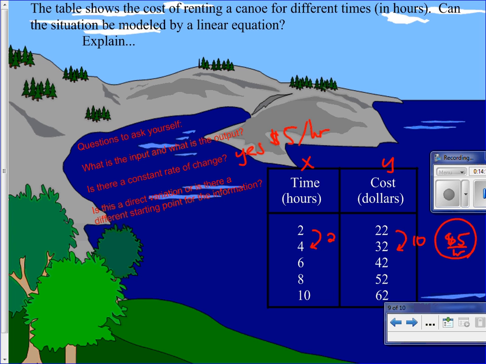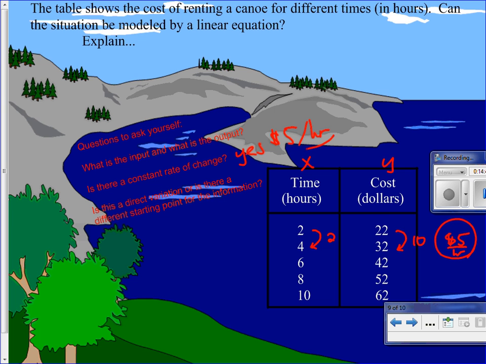Well, as the hours doubled, 2 to 3, the cost did not double. It changed by a rate of $5 per hour, but 1 hour doesn't mean $5. We actually had a different starting point for this equation. So that means there is a b in this equation. So I can write this in my point slope form because I don't need to calculate b.